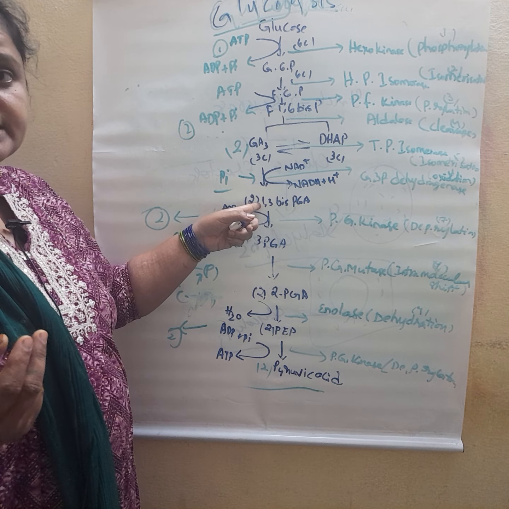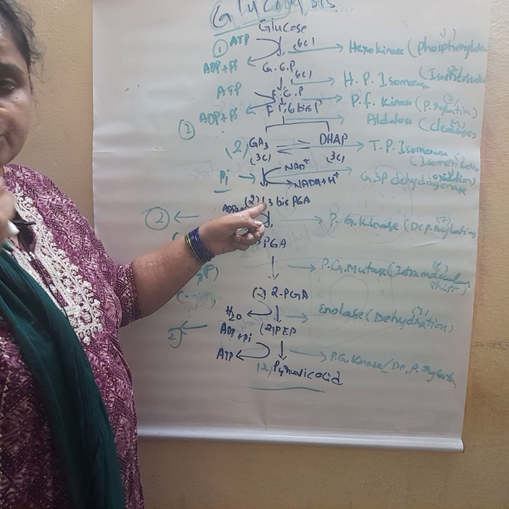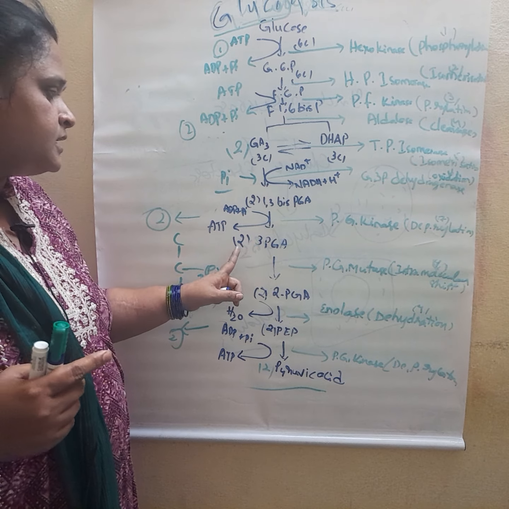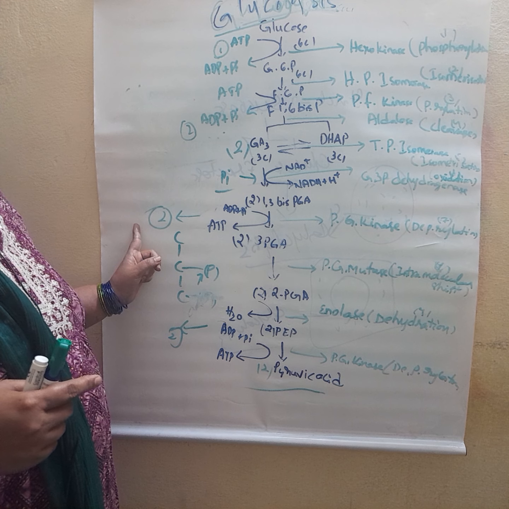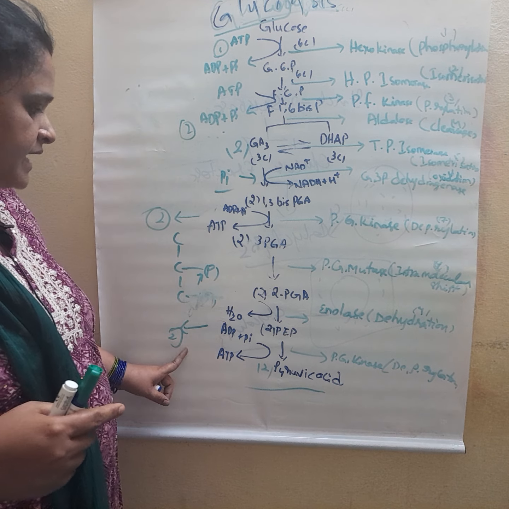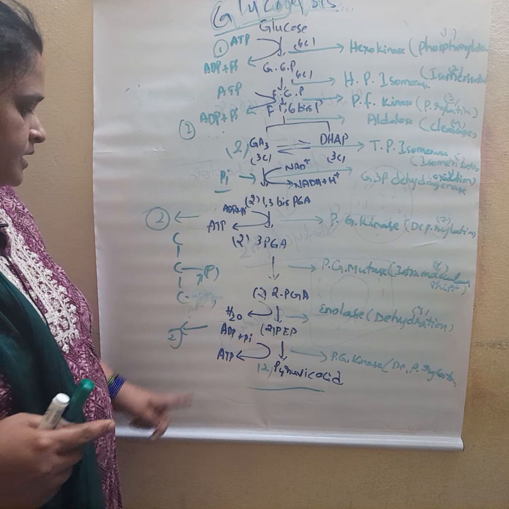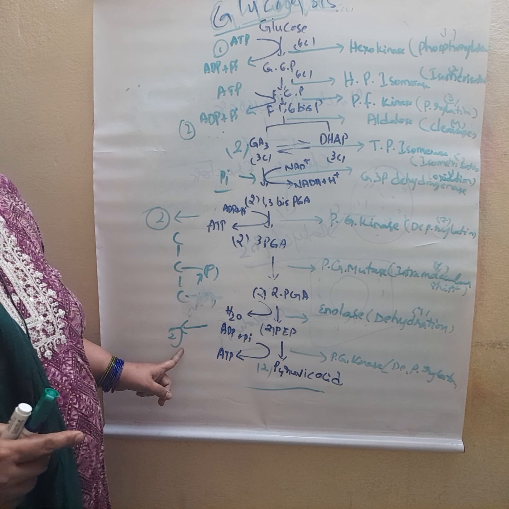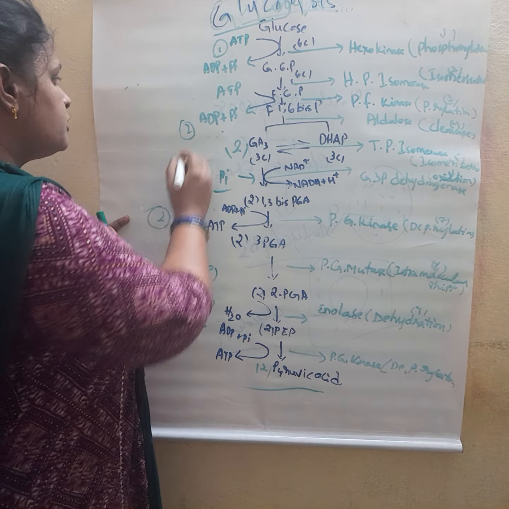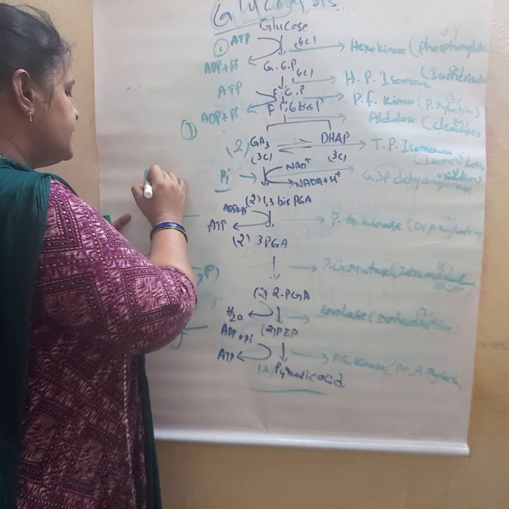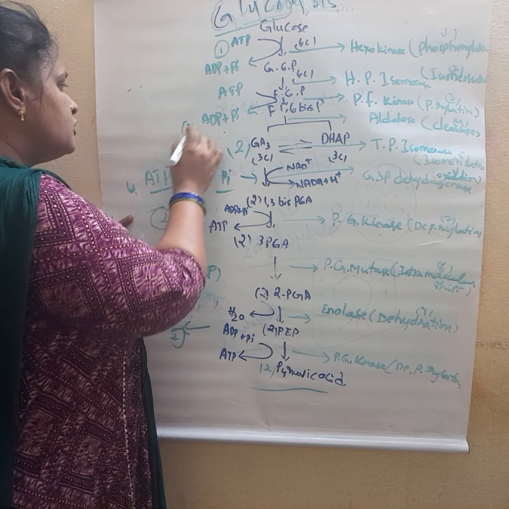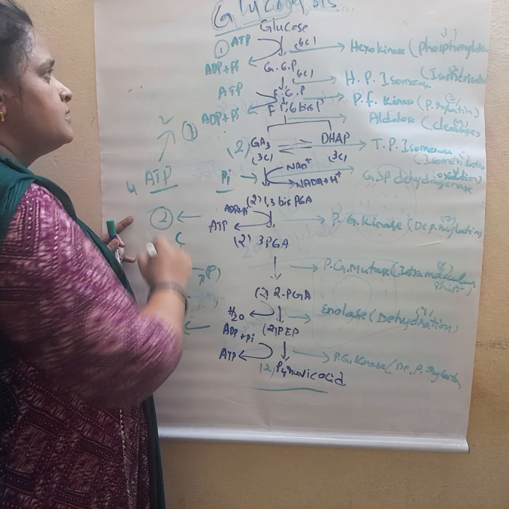That means 2 molecules of 1,3-bis PGA lose 2 Pi, so 2 ATP are generated here at the 7th step, and at the 10th step 2 more molecules of ATP are generated. Totally 4 molecules of ATP are generated. Out of 4, 2 are utilized, minus 2.